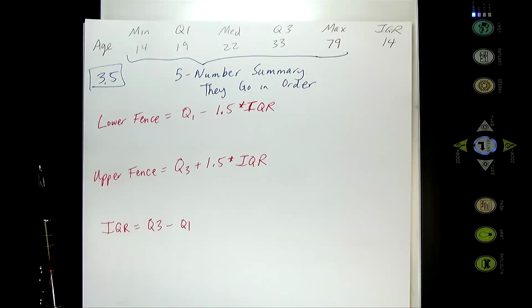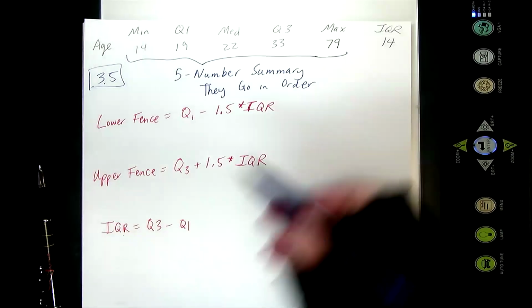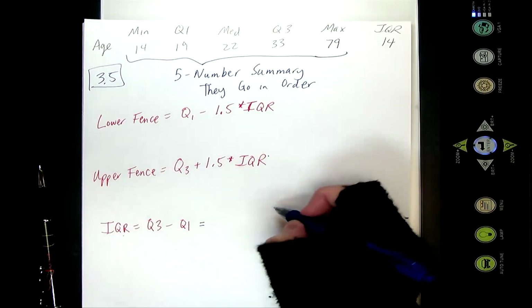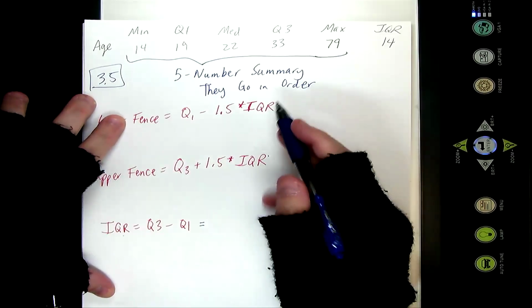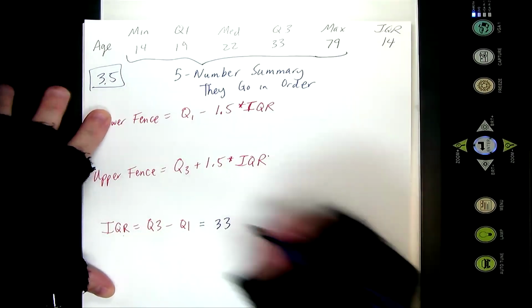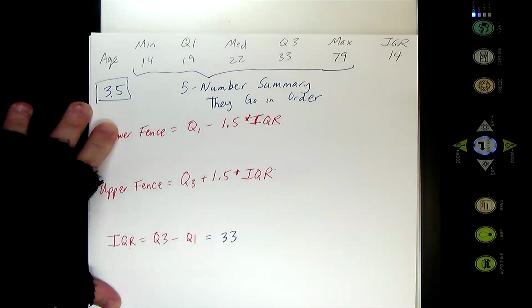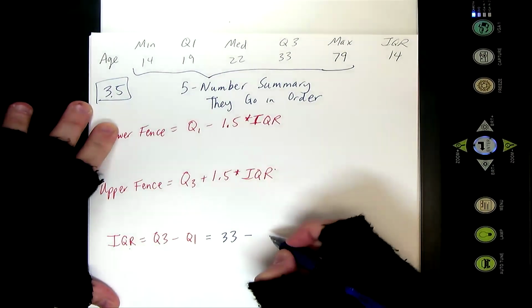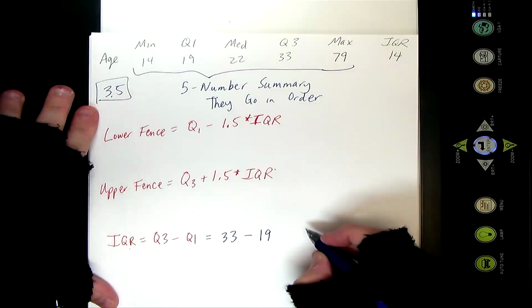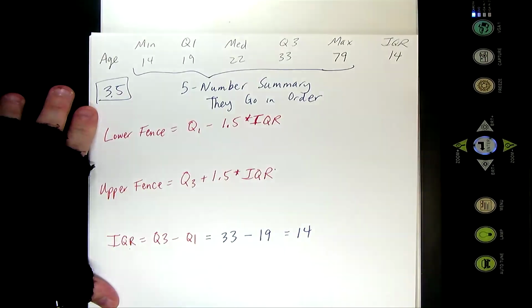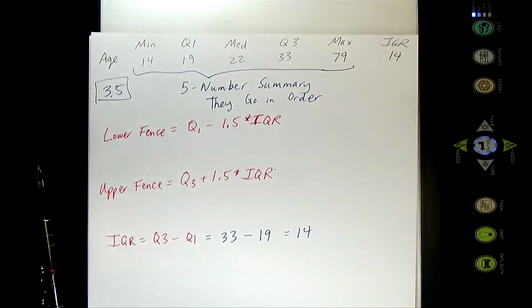Alright, so it looks like I need this IQR in both of these. So I need to calculate IQR first. Q3 was 33, and then minus Q1, Q1 was 19. 33 minus 19, if we throw it in a calculator, we do get 14, which was the IQR.